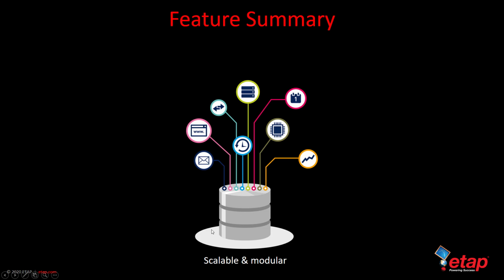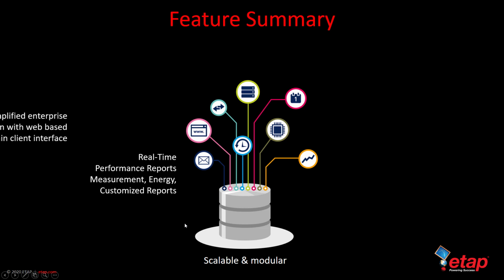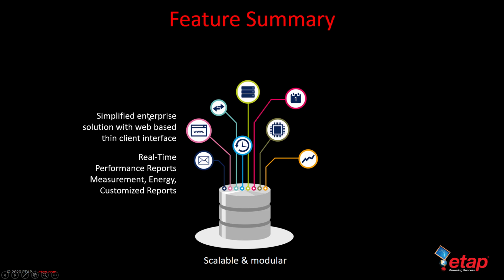So as a quick summary, the ETAP ADMS using volt-var optimization gives us real-time performance reports, measurement, energy reports, as well as the ability to customize the reports. It gives us a simplified enterprise solution with web-based thin client interfaces, a connectivity model management going from design planning all the way into operations.